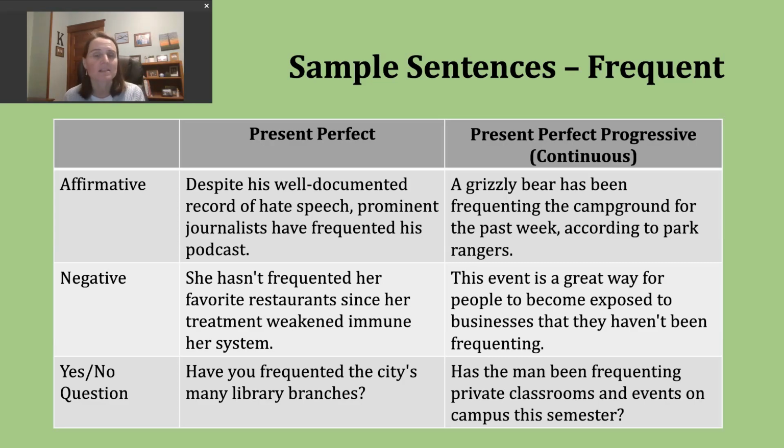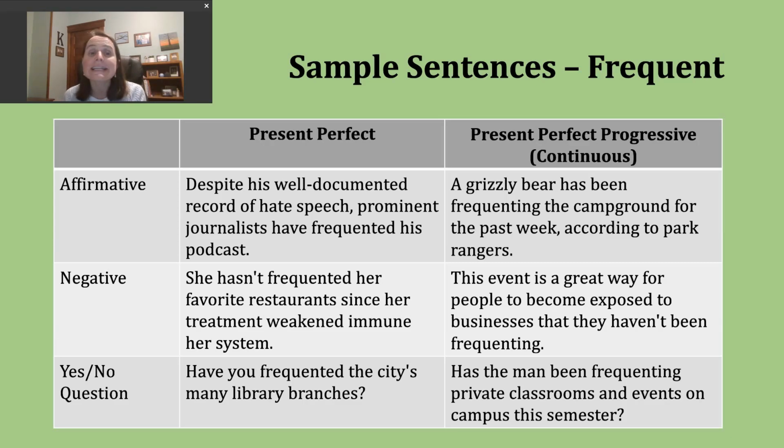So here, this sentence is describing this repeated action, really, that people keep going to speak with this particular person, even though this individual has a rather disturbing history of saying incredibly hateful things and maybe using language that incites others to speak in a hateful way or do horrible things to other groups of people.